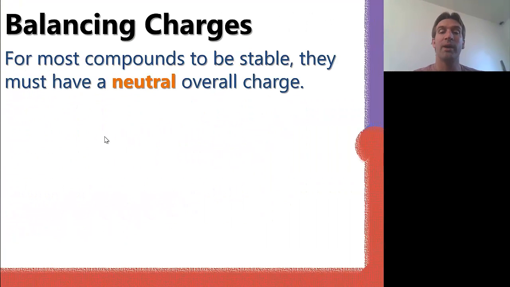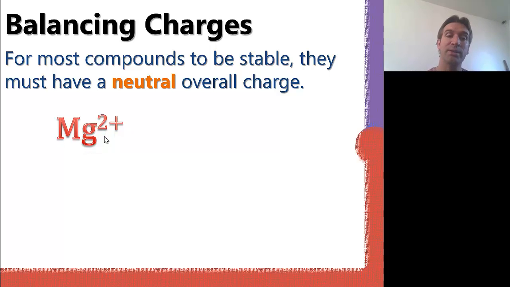Let's talk about how we can manipulate compounds based upon the charges that we see. One thing that we notice in nature is anytime we have a pairing of positive and negative ions, they always come together in a fixed neutral overall charge. So if we look at magnesium, for example, we'll notice that it has a +2 charge.